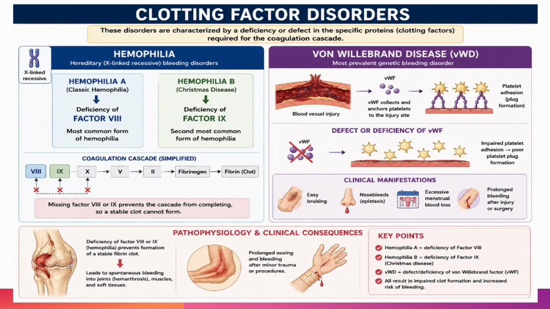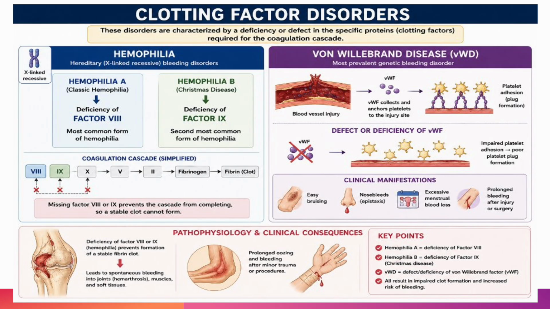Now comparing von Willebrand disease, which is the most common inherited bleeding disorder. This factor helps platelets stick to injured blood vessel walls. When VWF is deficient or defective, platelet adhesion becomes impaired. So this can cause poor clot formation, and patients will experience easy bruising, nosebleeds, heavy menstrual bleeding, and prolonged bleeding after surgery or injury.